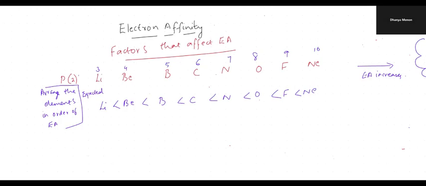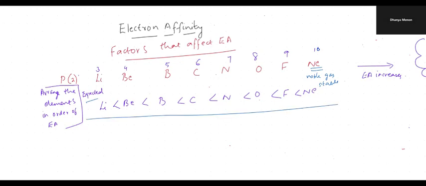But in this case, you must remember a few things must be taken into consideration. Here, neon is the noble gas. It has fully filled shells, a stable configuration. So neon has the lowest electron affinity. Now, let's look for other discrepancies.